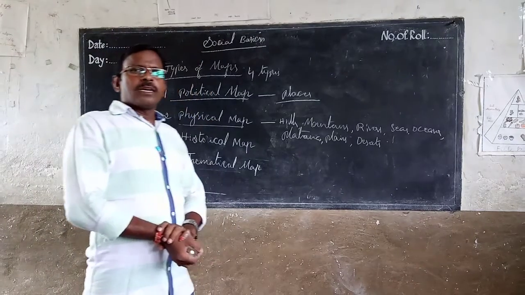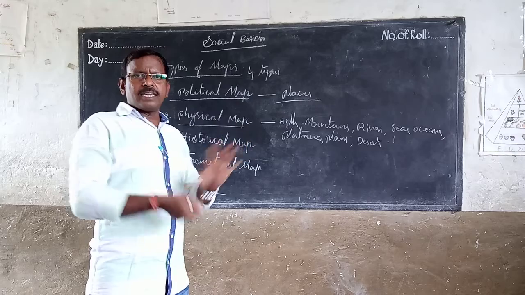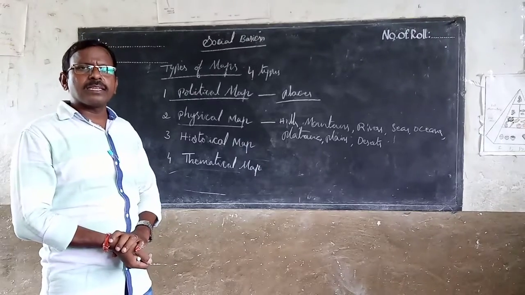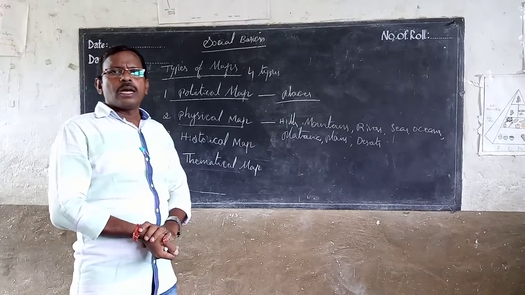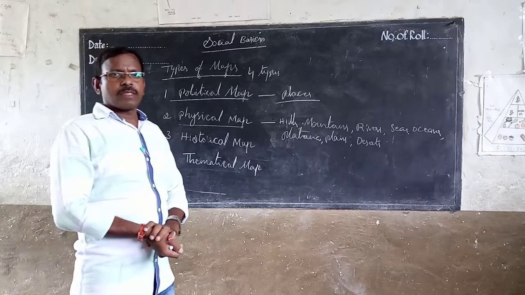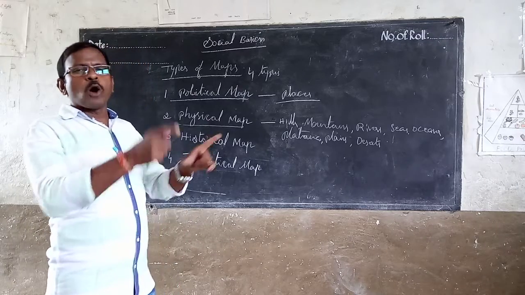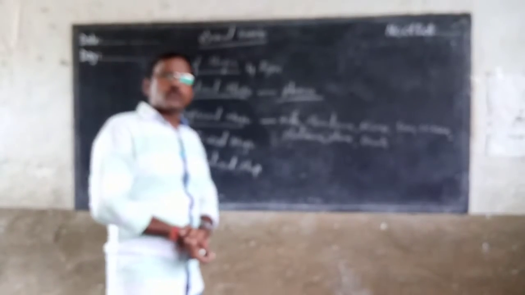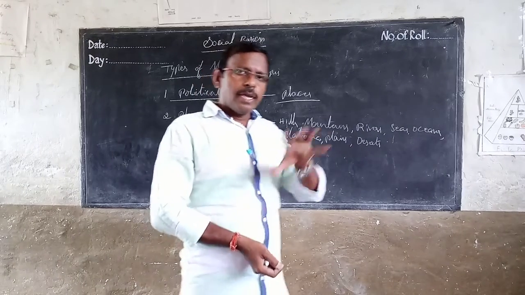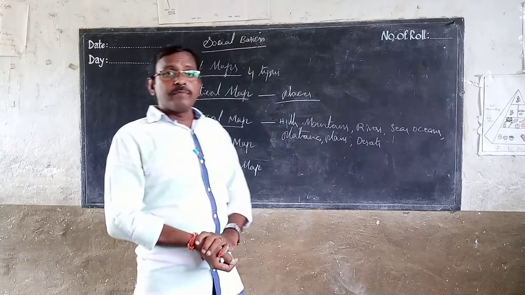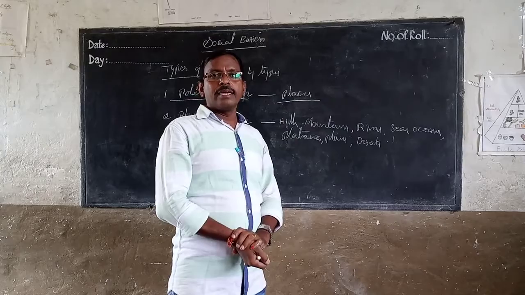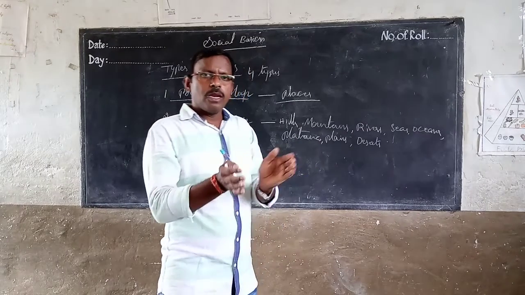If there is thick green, that is a forest area. If there is light brown, that is a hilly area. If there is thick brown, that is a mountain.